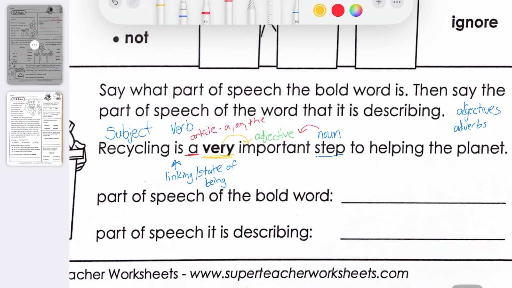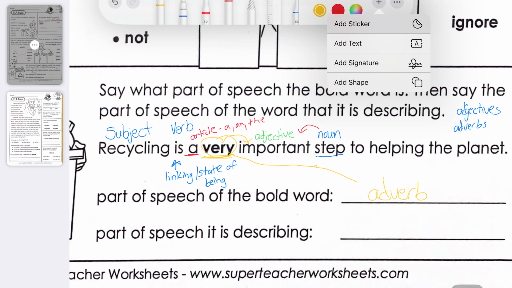It describes important. That means very is an adverb. Adverbs describe adjectives. And then if you want to learn something else, we'll learn it in a few weeks, actually.